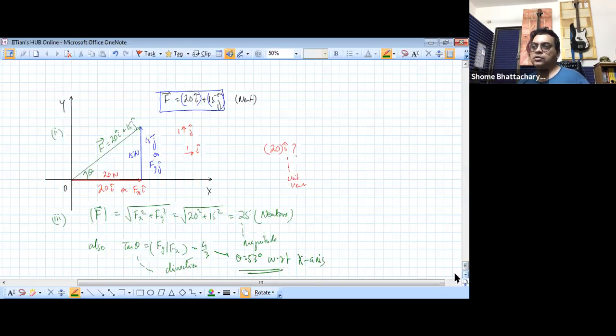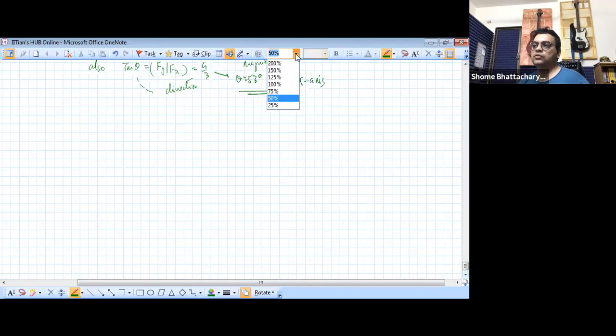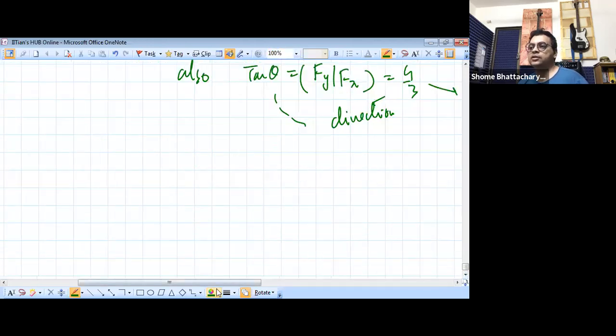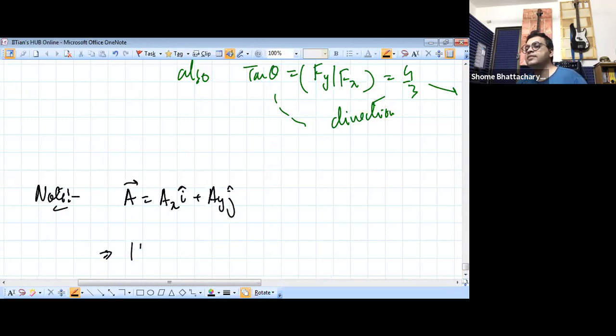Okay. So just to conclude now, what we have seen in this example, we can generalize about any vector now. So we can see that for any vector which has components ax and ay, the magnitude of the vector by definition will become what? It will become square root of ax square plus ay square.